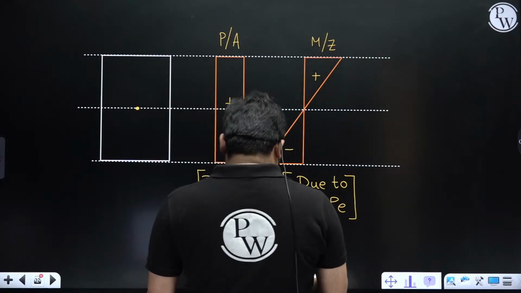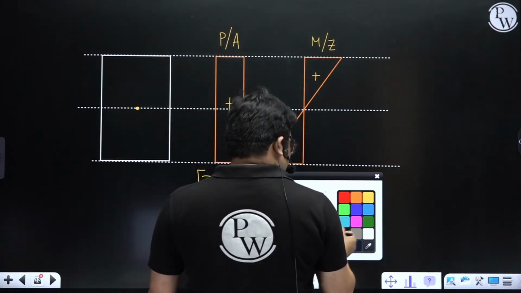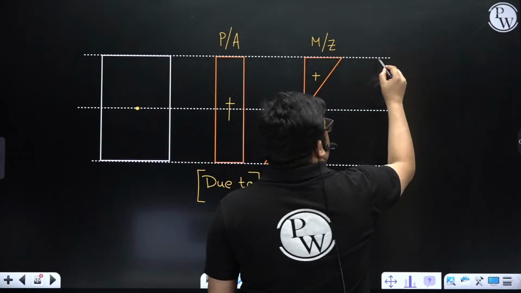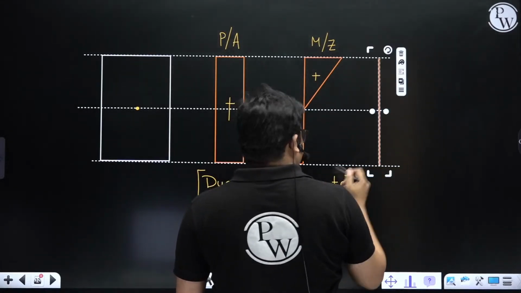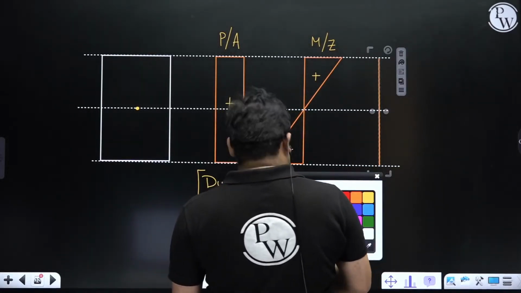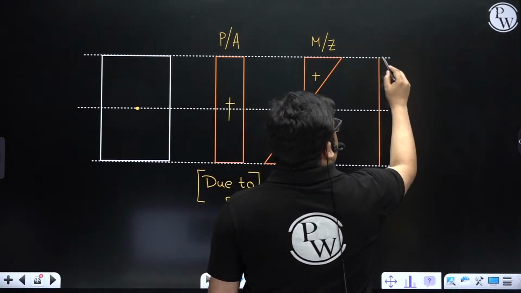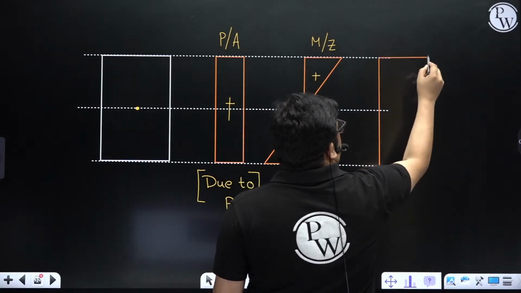If I take the net effect and the net stress distribution, I'll get something like this. Either I will get a distribution like this.